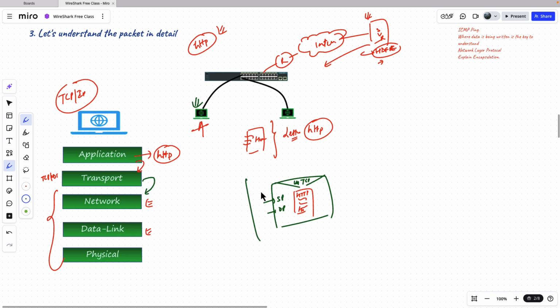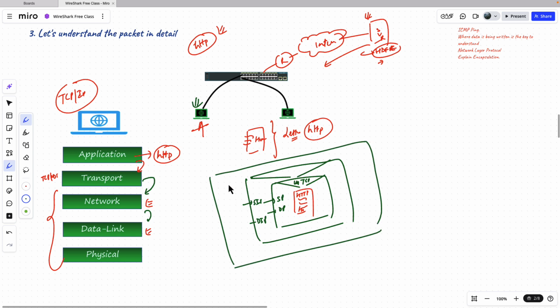It means that another encapsulation happened here. It is going to put source IP, destination IP, right? And then the packet will go toward data link layer, and then basically we are here, another packet encapsulation, and we are going to have what? Source MAC and destination MAC. So simple, right? This structure is important to understand.